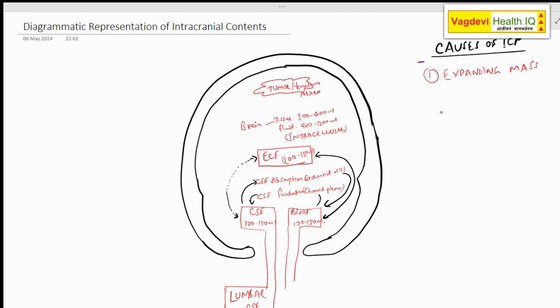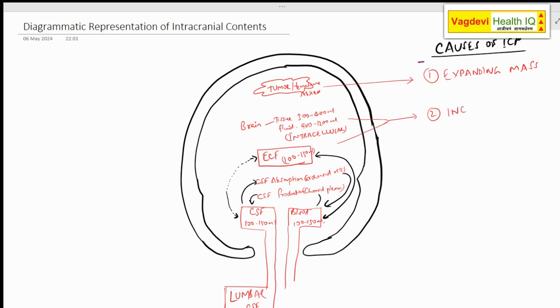Right. Now come to the second reason. Number two, causes of ICP: either an increase in the fluid part of the brain, either ECF or intracellular fluid. If these two are getting increased, then intracranial pressure can get increased. So what is the reason?